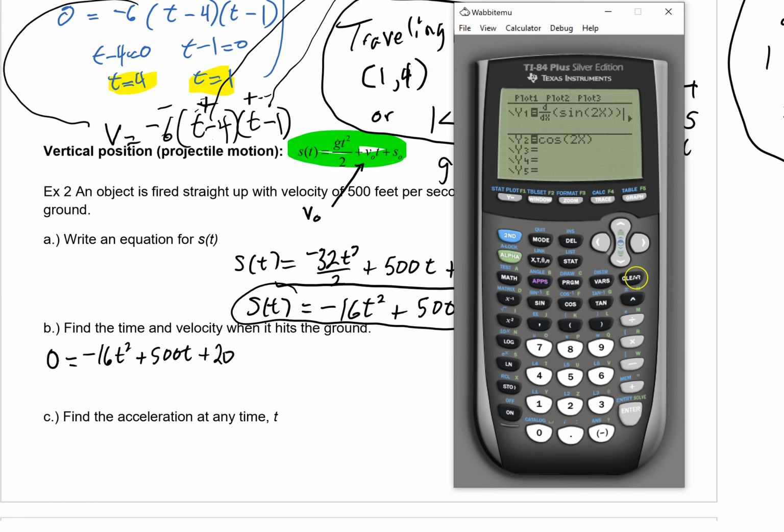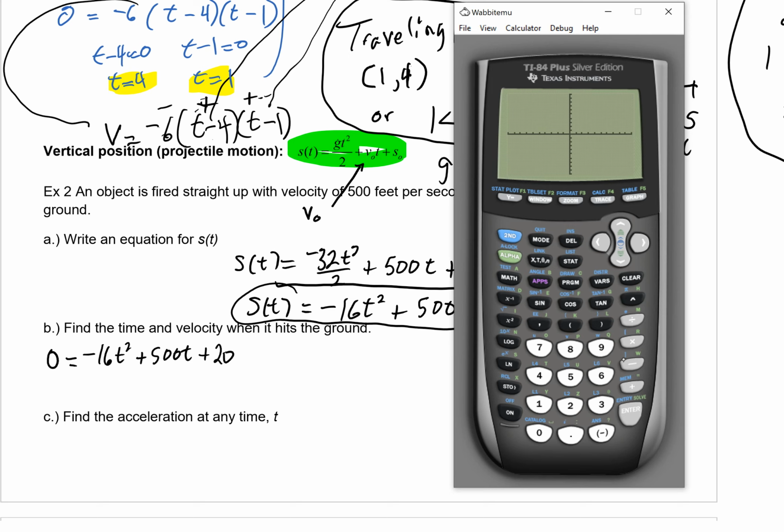I'd like to point out that you could be using your calculator. Let's just say that you've got negative 16x squared plus 500x plus 20. And you know that's a parabola that opens down, right? And graphing this, if you were to graph in a window, you definitely wouldn't want to have a zoom standard view to help you see what's happening right here.